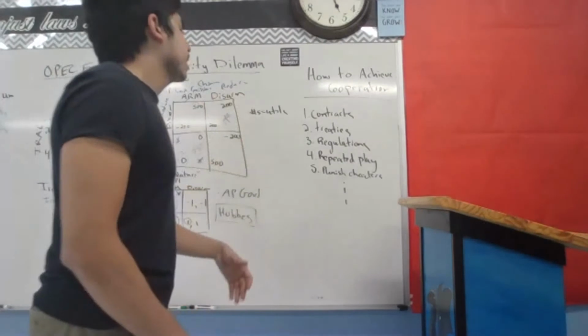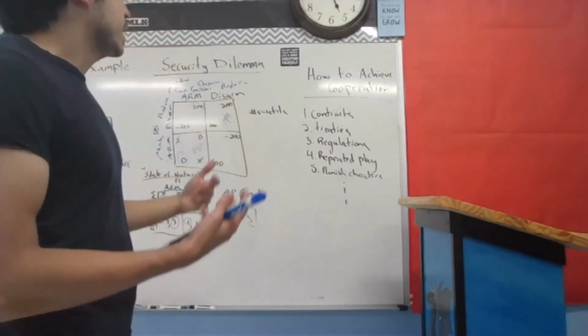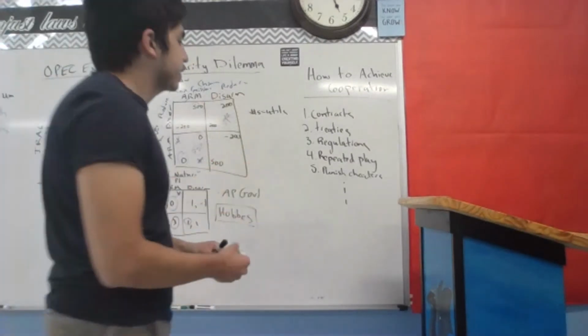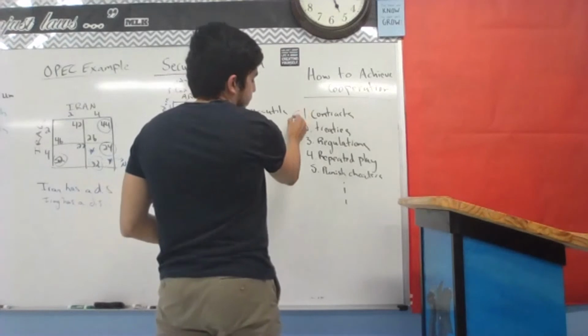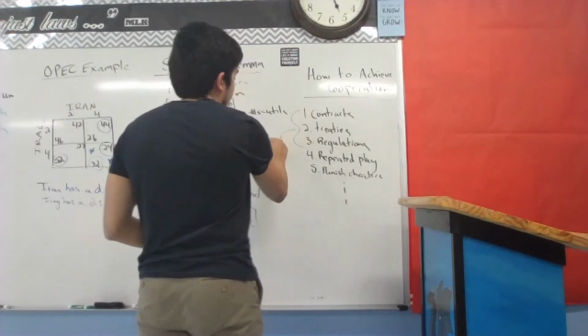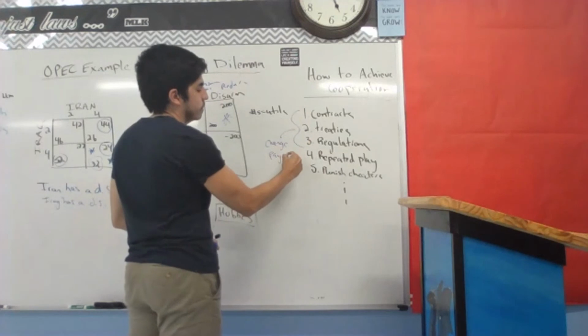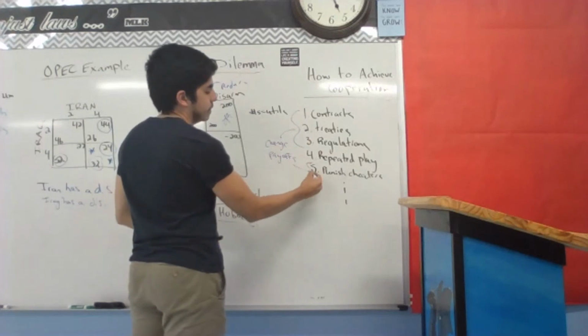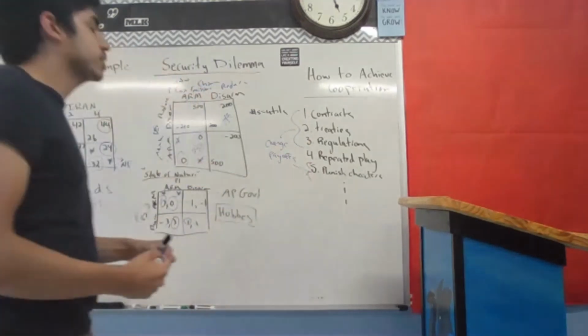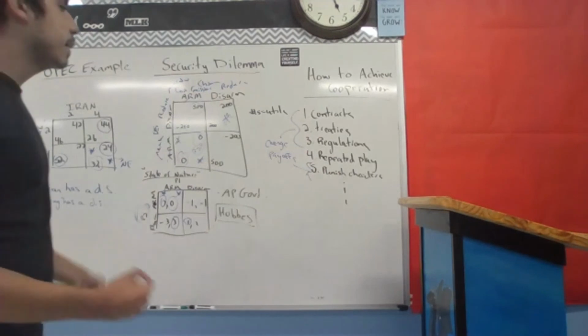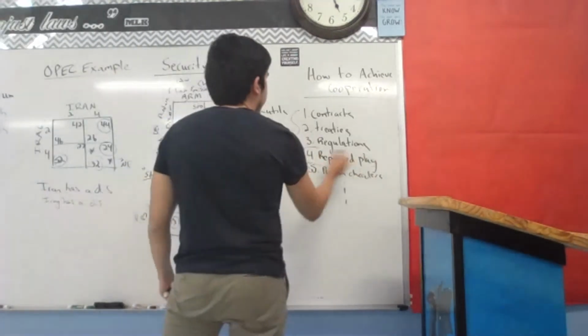Contracts are one way. We can think about treaties, regulations. These are fundamentally attempts to change the payoffs, and then punish the cheaters is also a way to change the payoffs. But you can also think about repeated play, right?